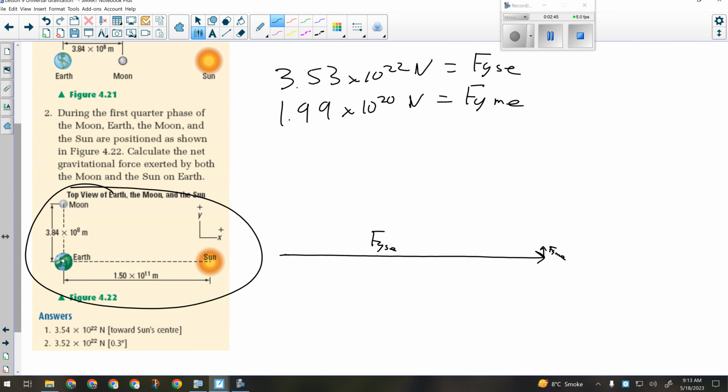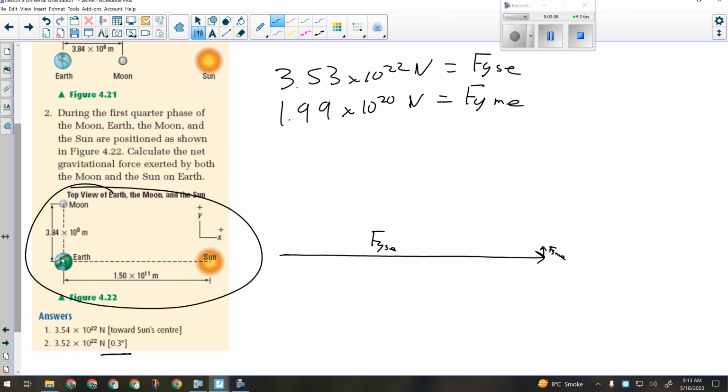It is nearly 1,000 times less than the other number, so it has to be incredibly small, which is why the angle in your answer is so incredibly small. It only deflects the Earth's movement 0.3 degrees. But it's doing that constantly, right? As it moves around, it's constantly pulling the Earth in different directions.